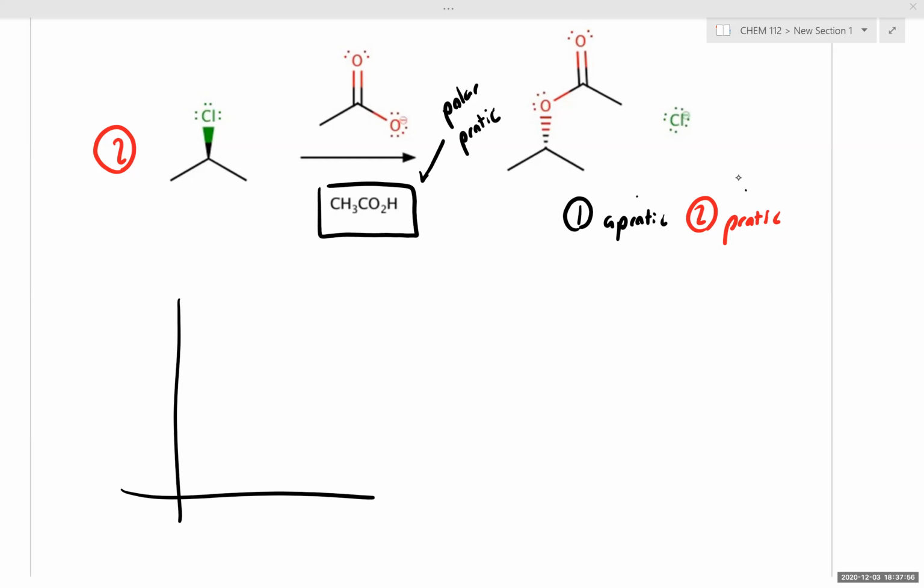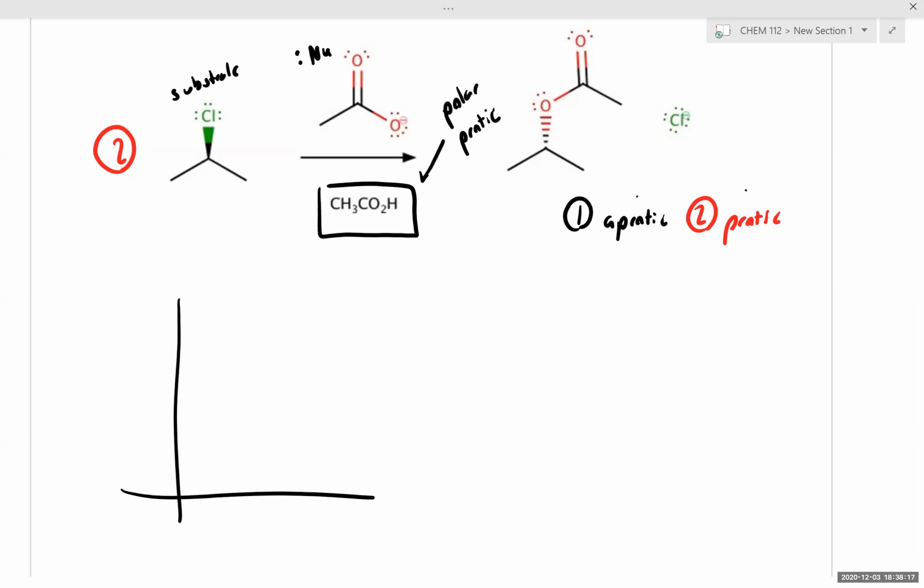What does everyone think? Let's really focus on this example. So we have our substrate and our nucleophile. Which of these species can interact with the solvent via hydrogen bonding?